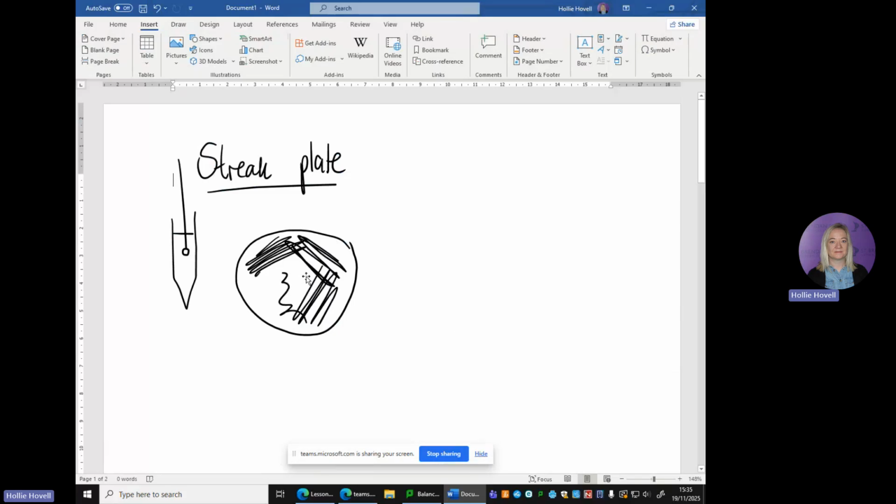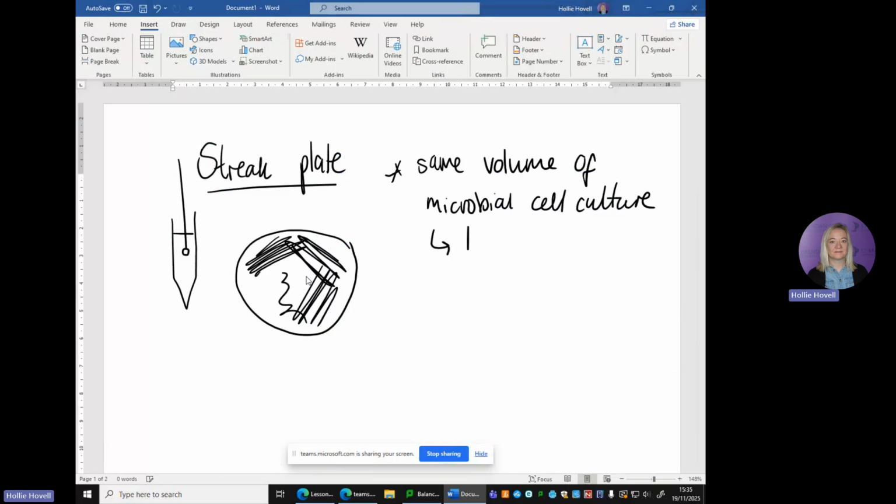Okay, so what things were you trying to do the same every time? So you wanted to make sure that you had the same volume of microbial cell culture. Oh, we didn't measure the volume. But we just used one inoculation loop full.